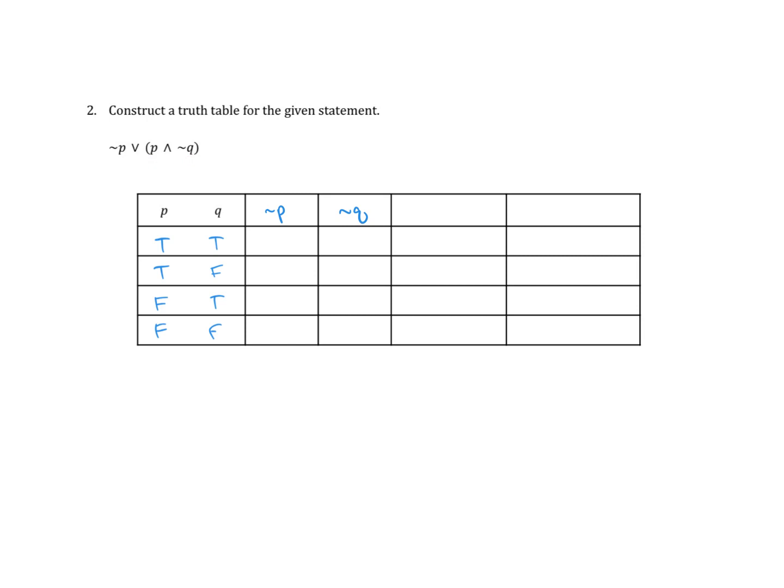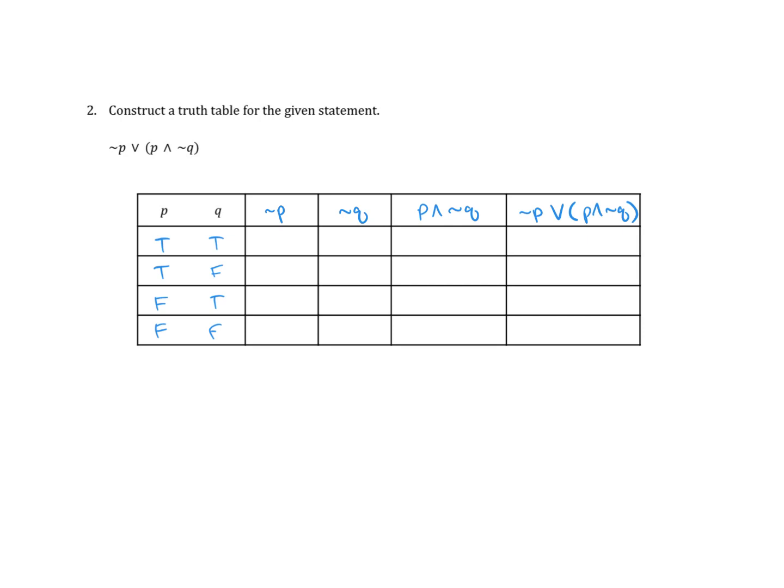So that's going to be my next column, P and not Q. And then I'm going to join that together with the squiggly P, or not P, at the beginning to form the whole thing: not P or (P and not Q). So I take the smaller parts and build up to the entire statement.